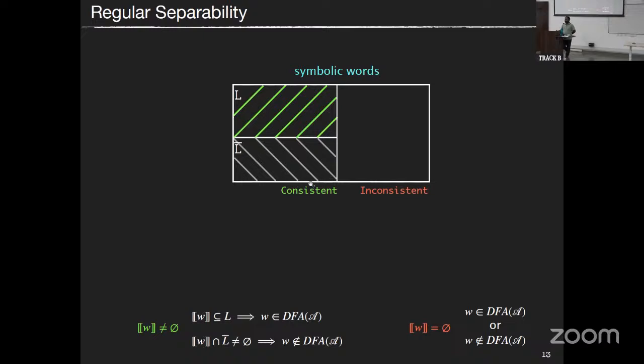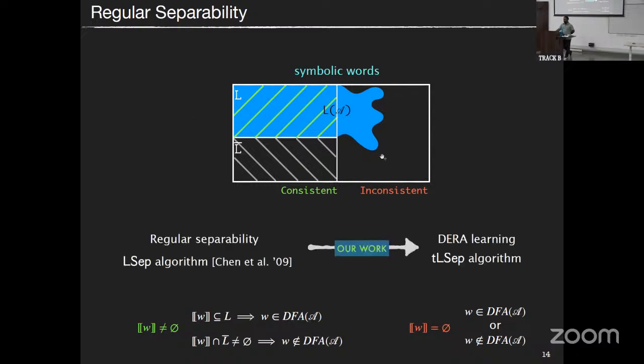You want to find a timed automaton or a DERA that accepts everything in the green and rejects everything in the gray. Because the inconsistent words are don't-cares, this is exactly the problem of regular separability.